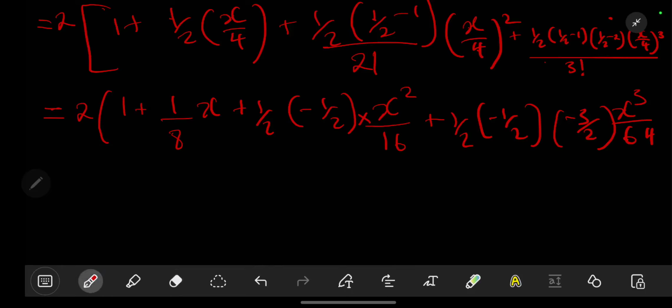We have our 2, 1 plus 1 over 8x, half by this value, half negative by positive, it will be negative 1. Then we are going to say x squared over 2 times 2 is 4 times 16 will give us a 64 like that.